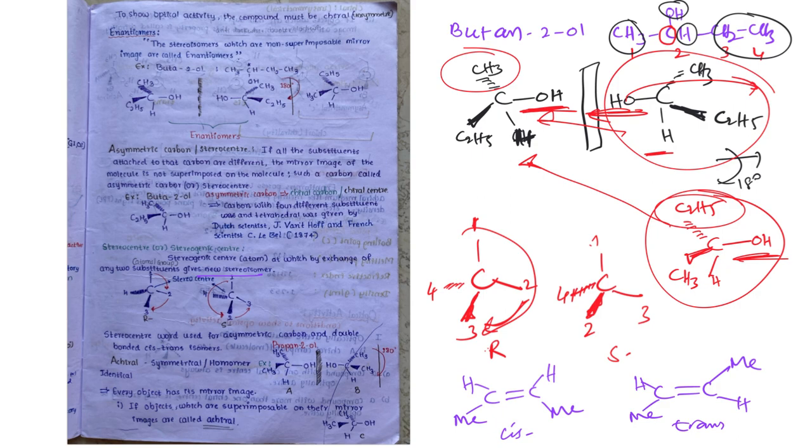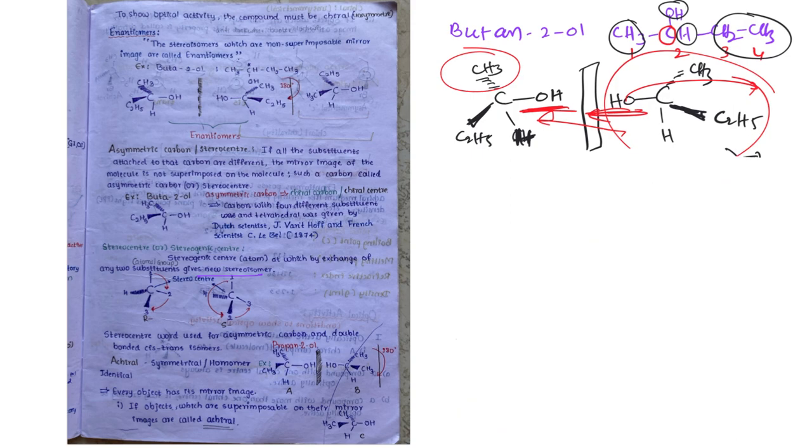Chiral and achiral words are given. Achiral means symmetrical or homomers. These words are very important, so focus on them. Now keep in mind propan-2-ol, which can be represented as CH3-CH(OH)-CH3.